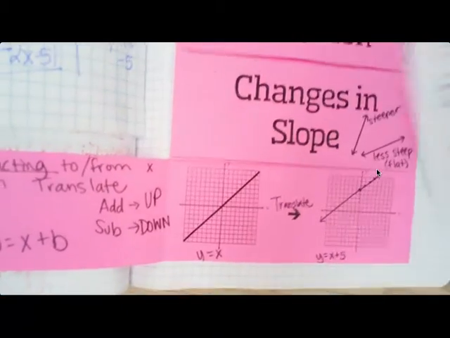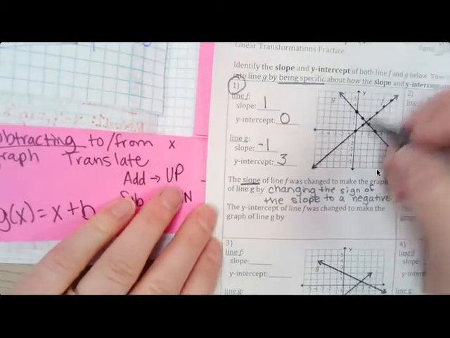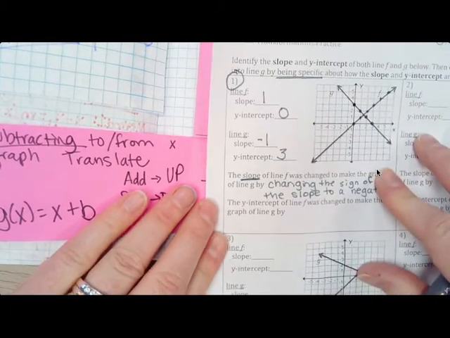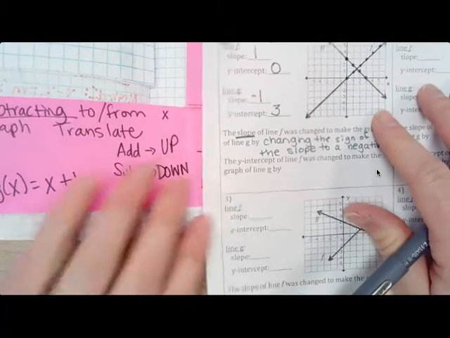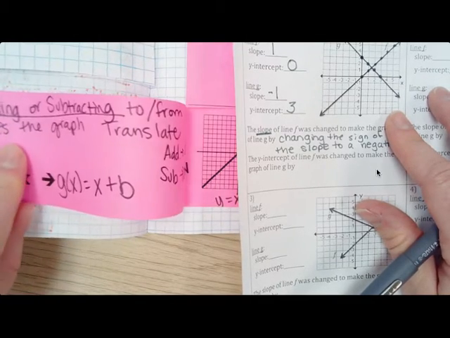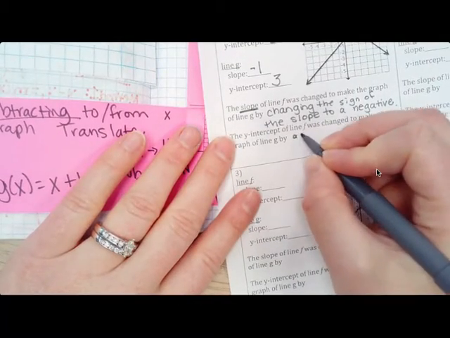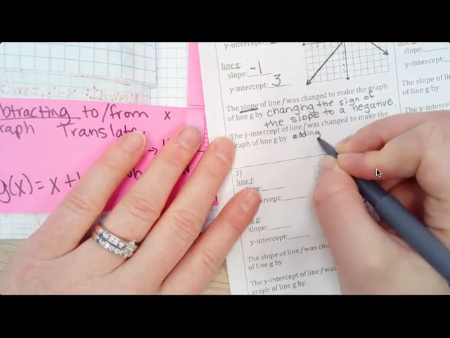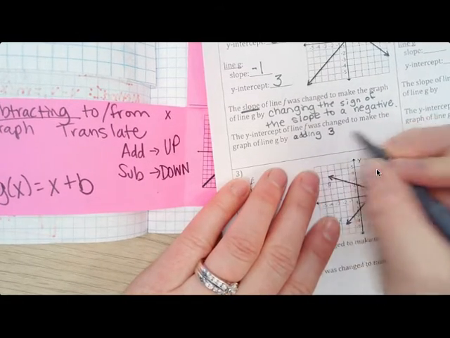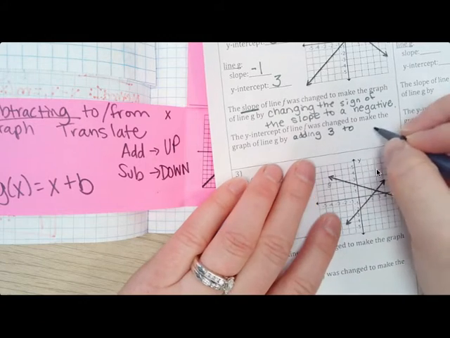So we need to decide, did it go up or did it go down? It was at 0, then it's at 3. So it went up 3. So that means we would add to x to make the graph translate. We're going to add 3 to the equation.